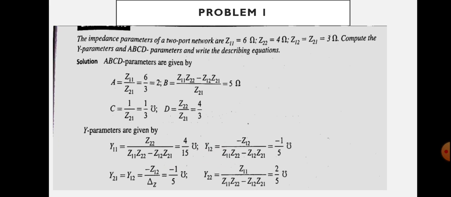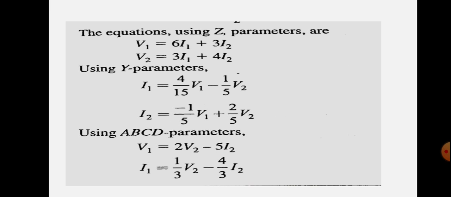And next you are asked to write the describing equations. So you have to write the equations, that is in terms of Z parameter you can write the equation as V1 equal to Z11 I1 plus Z12 I2. V2 equal to Z21 I1 plus Z22 I2. That is the equation.